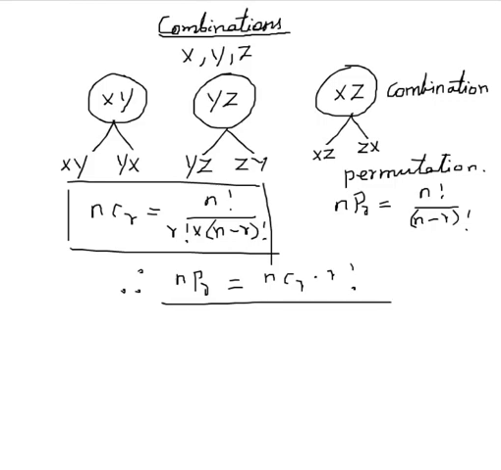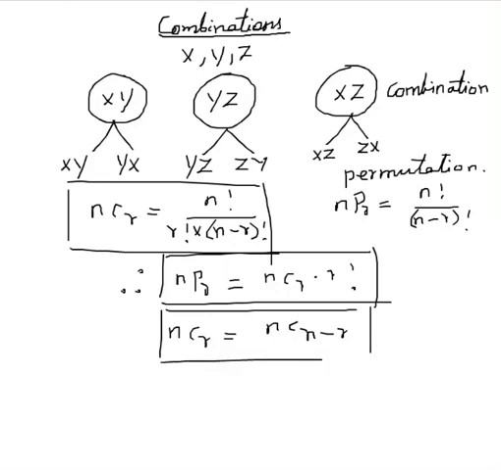This is theorem 5. And another important result is nCr is equal to nC(n minus r). This result can be easily proved just by applying the formula of nCr. See the left hand side. nCr is n factorial divided by r factorial times n minus r factorial.